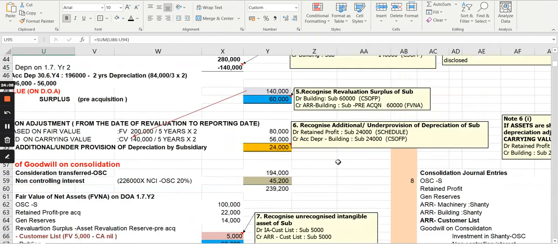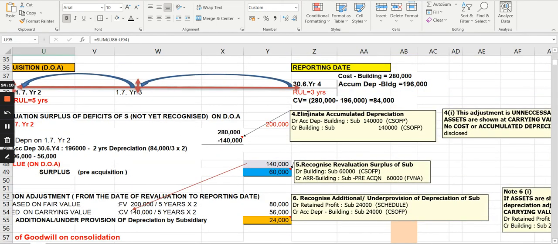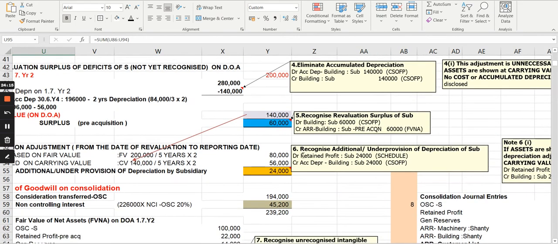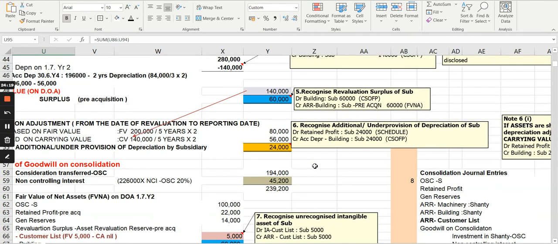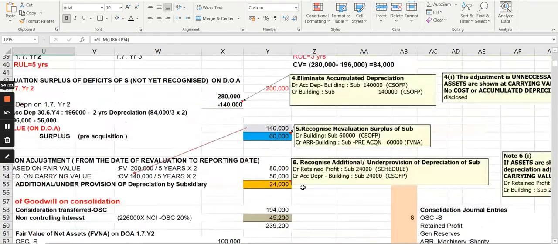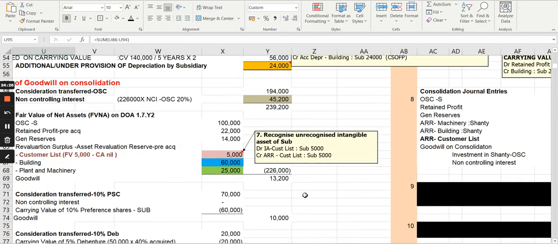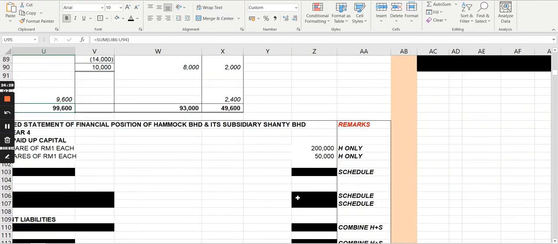I only suggest you do the consolidation adjustment for the items that were under the consolidation issue, like fair value adjustment. So I suggest you do the adjustments for the 7 CJEs that I have shown earlier.